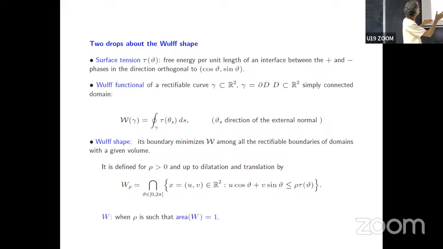Theta is an angle. And then if you have a region, you can integrate this function. That means somehow it is the price of this region to have a droplet of minus and plus.